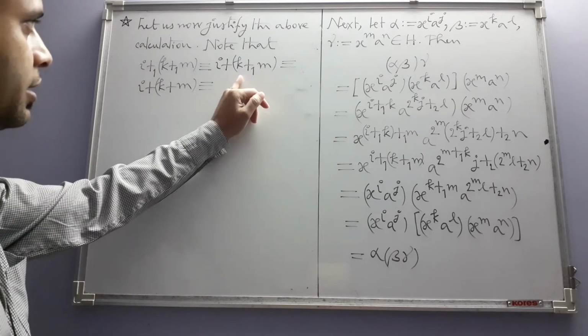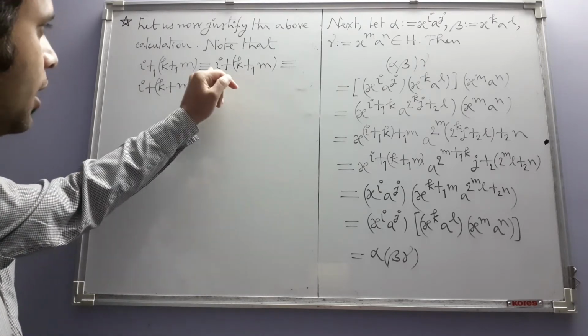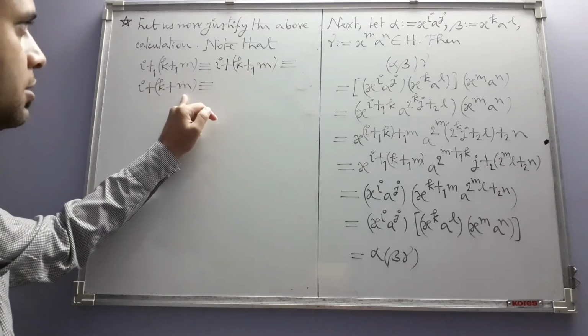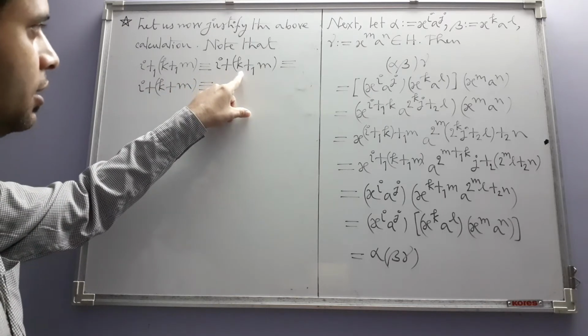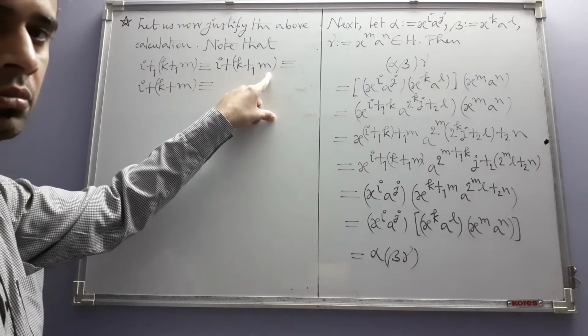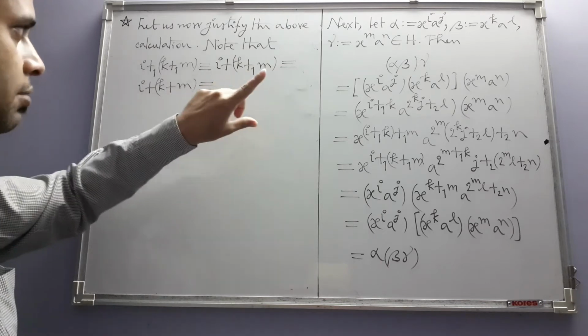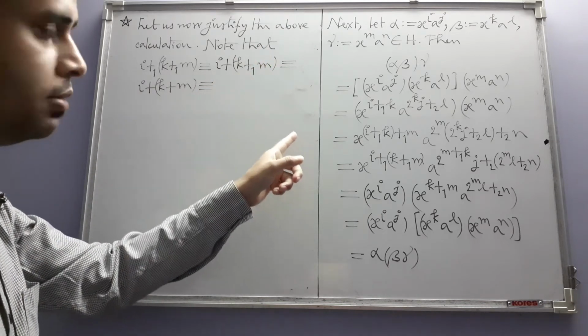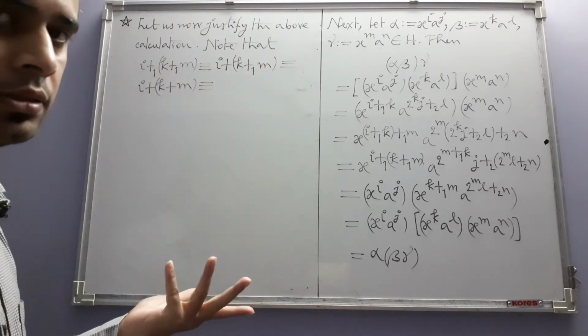If you find it difficult to understand how this thing is congruent to this, you first think of k plus 1 m, that is congruent to k plus m mod 3. Add i on both sides, that's it.